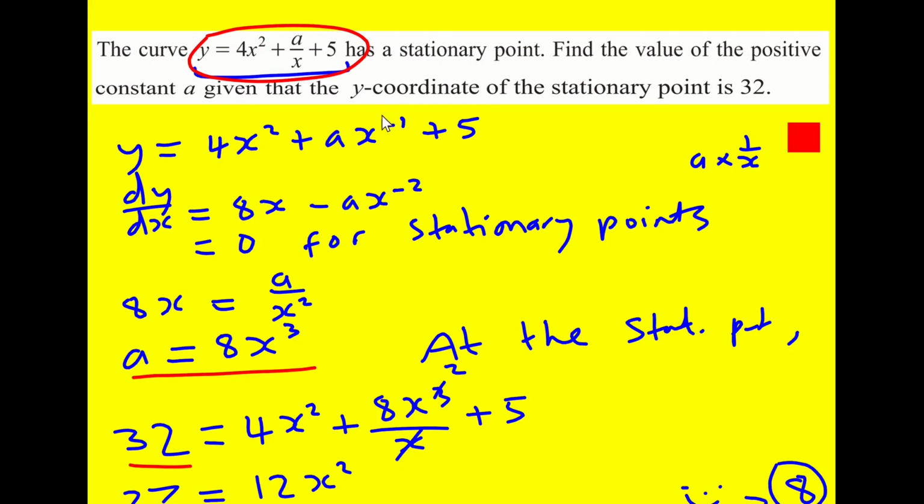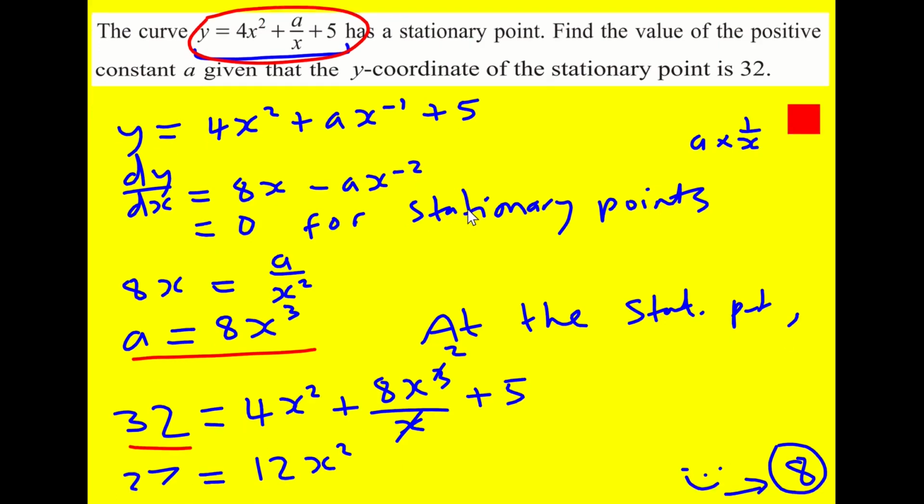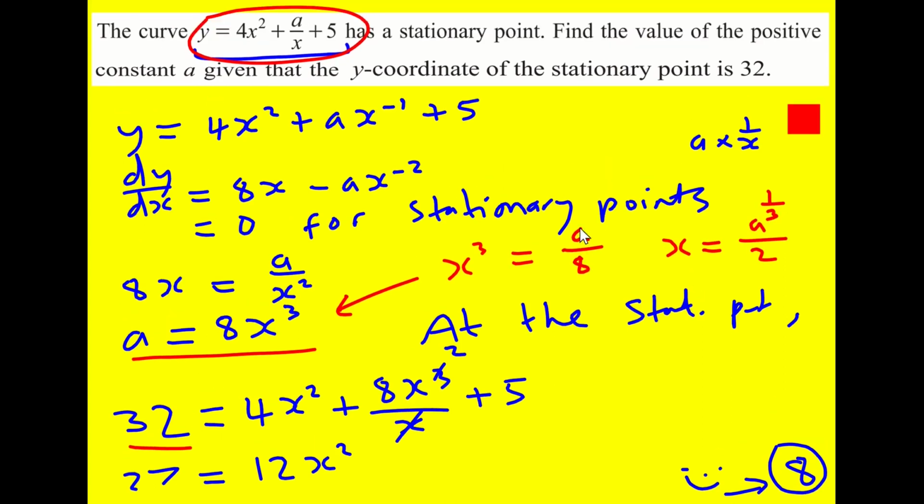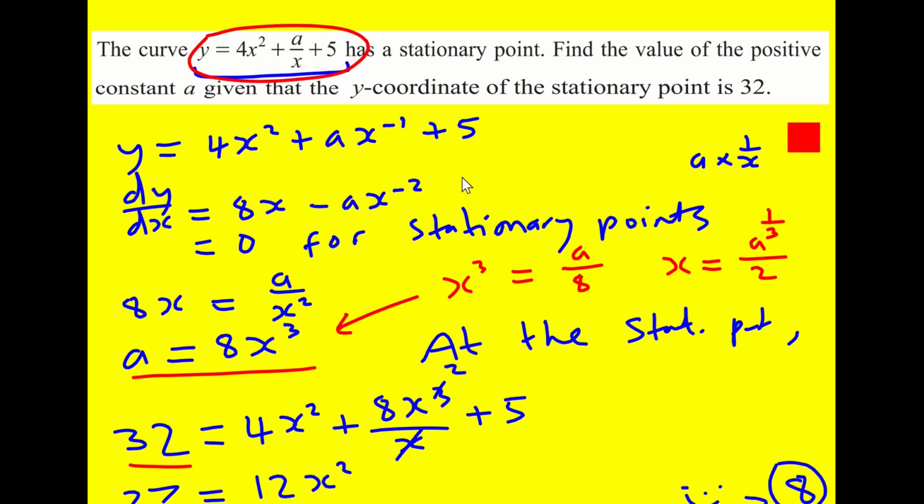Just very quickly, there is another way we could have done it, and this might be the way that you would have naturally done it. Okay, and that is to rearrange this one here. So I could have written down that x cubed is equal to a over 8, and then cube rooted to give me a to the third over 2, because I cube root the a and I cube root the 8. And at that point, I could have substituted into this equation.